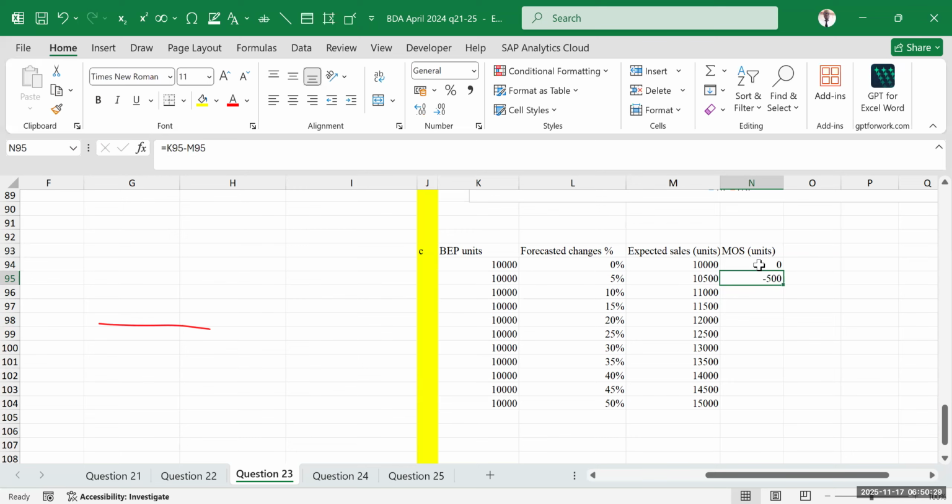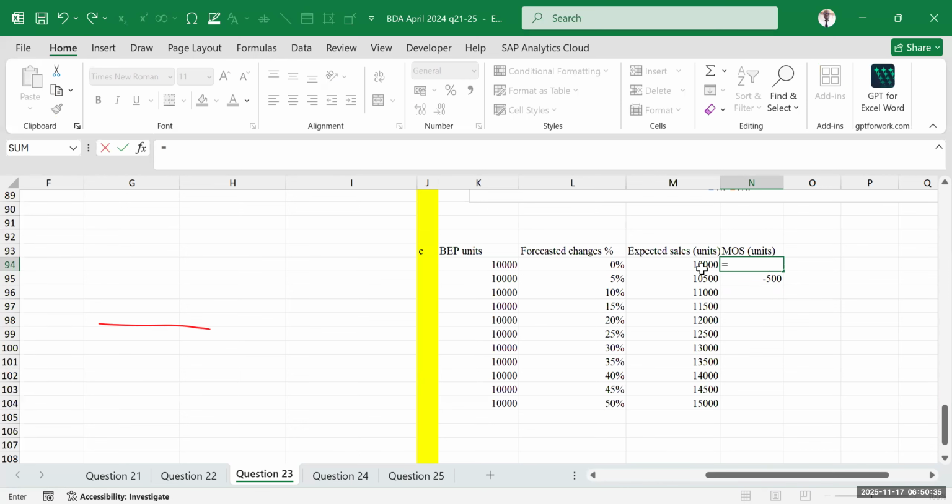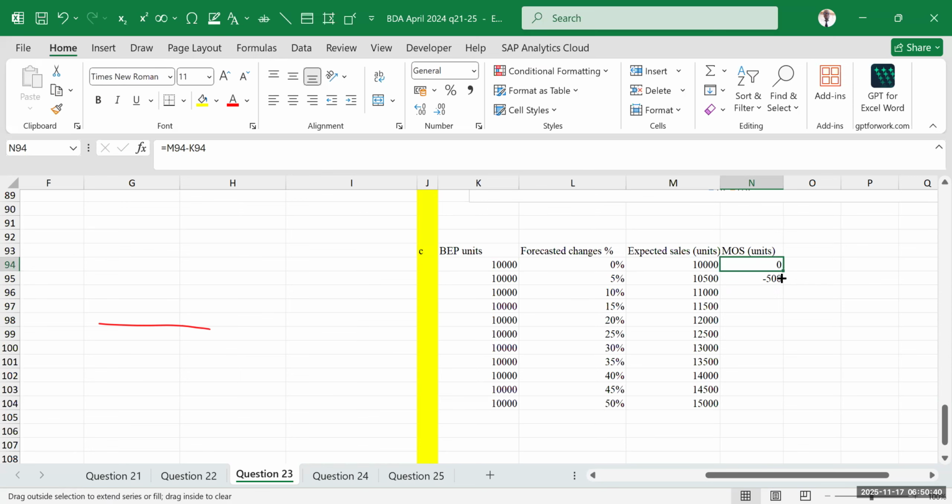We are going to make a profit by 500 units. So it is a positive change. Being a positive change, in fact, I should start with expected, we compare with the break-even. So this 500 denotes a margin of safety with the change of 5%.